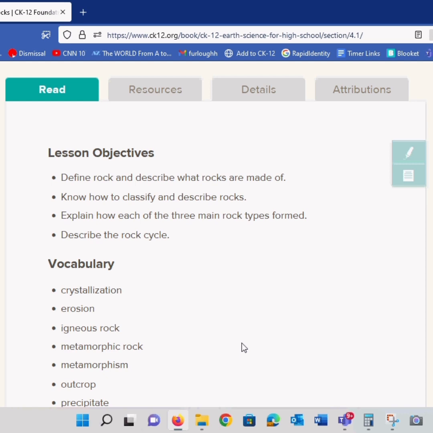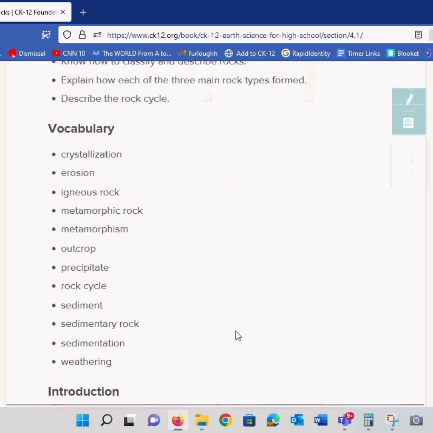Explain how each of the three main rock types formed. Describe the rock cycle. Vocabulary: crystallization, erosion, igneous rock, metamorphic rock, metamorphism, outcrop, precipitate, rock cycle, sediment, sedimentary rock, sedimentation, weathering.